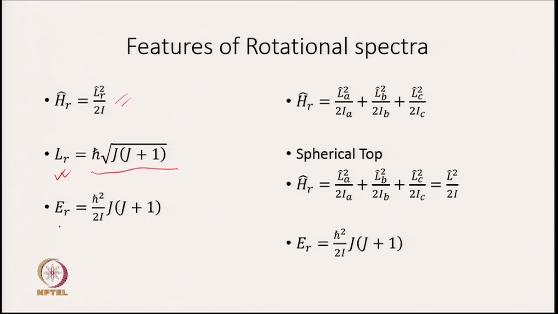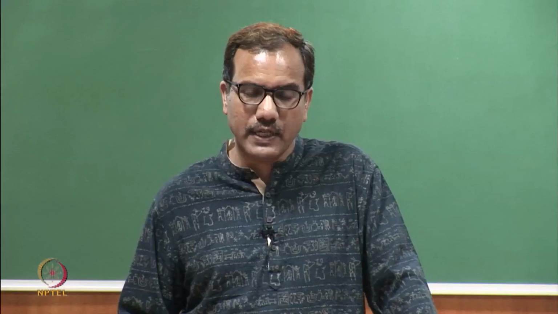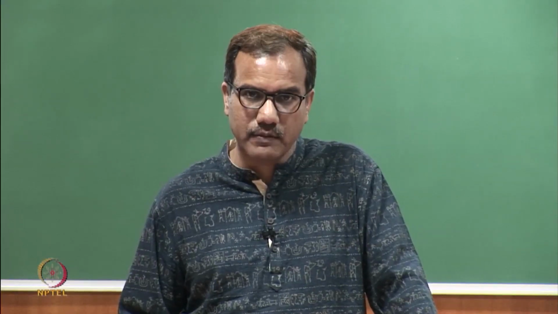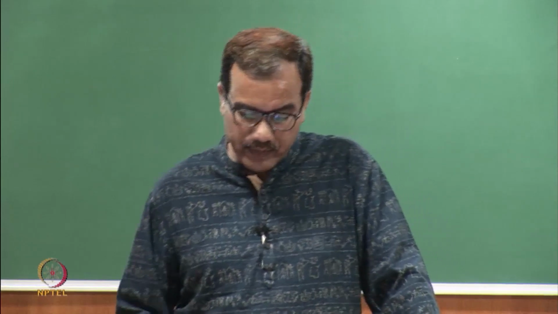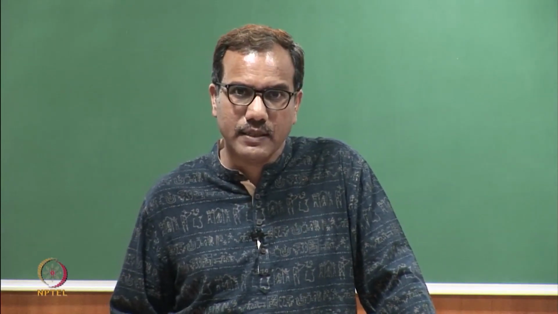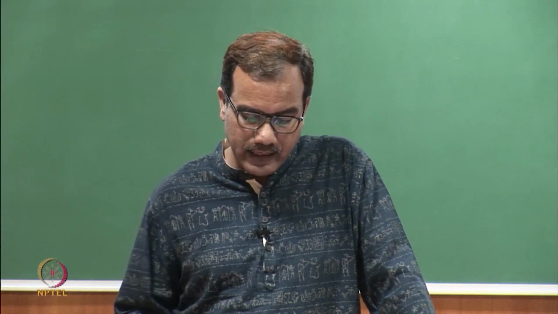Energy is obtained when you apply the Hamiltonian to the wave function, and that is equal to h bar square by 2I times J(J plus 1). So, this is for a diatomic molecule, but for other kinds of molecules we can similarly obtain the angular momentum and energy.